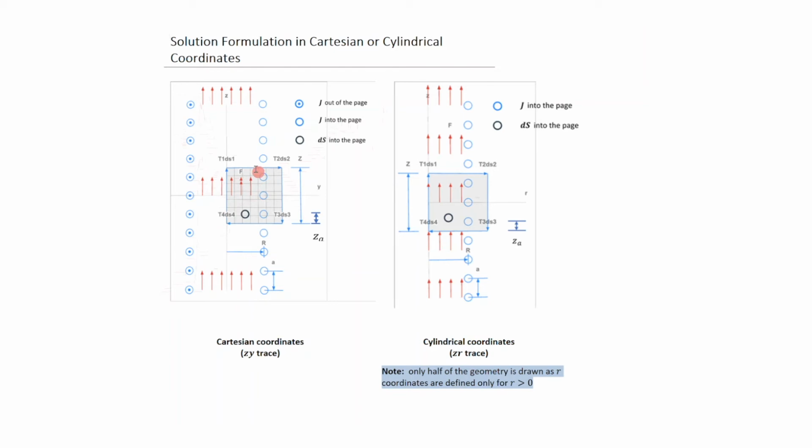Now, you could have applied it differently. The results would still be the same. As long as you're using the right-hand convention, the final answer will still be the same. But in this case, because the thumb was pointing into the page, the contour integral was in this direction. Because J is into the page, the field on the inside is also pointing in the positive z direction. There are 4 different segments here that we've chosen.